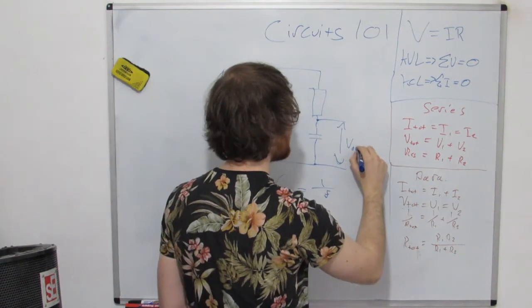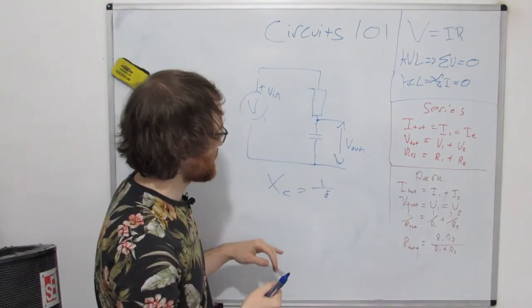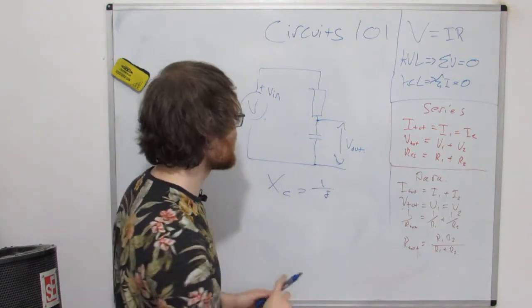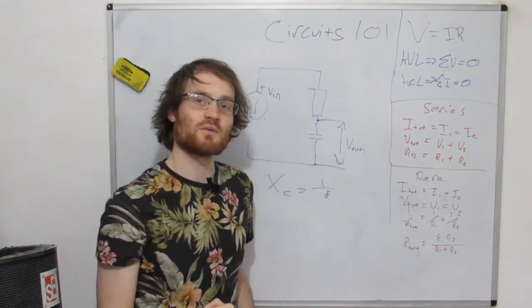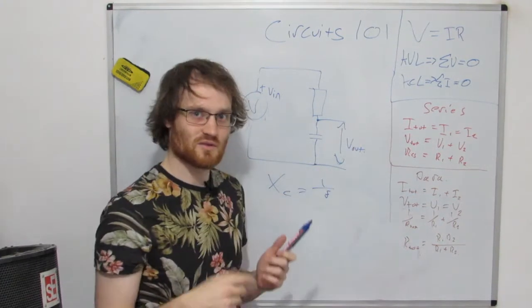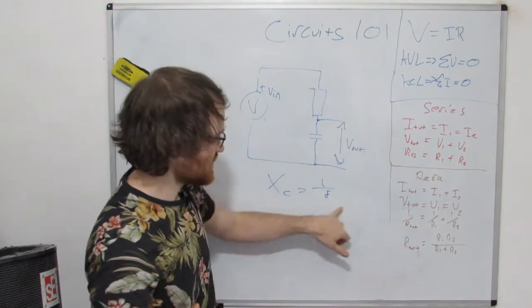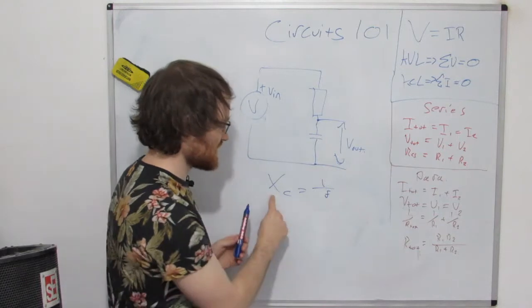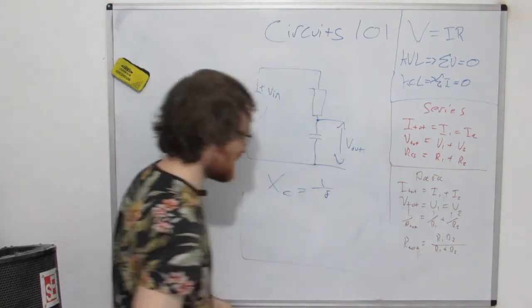Let's call this V out, and this is going to be V in. So we said before, the ratio of these two impedances is going to determine how much voltage is dropped across this part and how much across this part. And we know the reactance is inversely proportional to the frequency. So as the frequency goes up, this reactance is going to drop. I'm going to draw a little crappy graph over here.